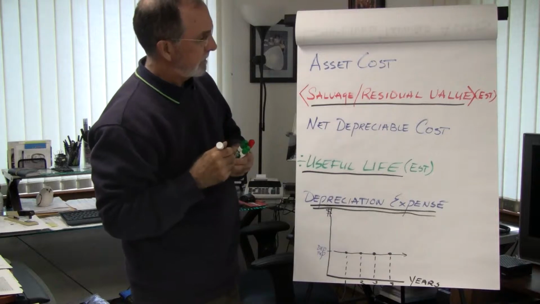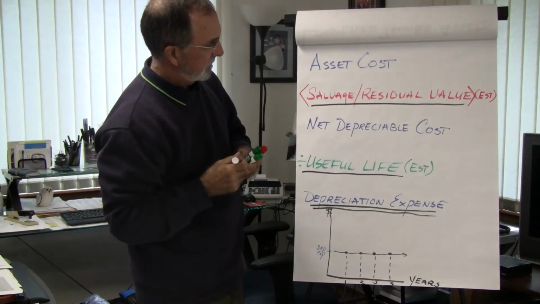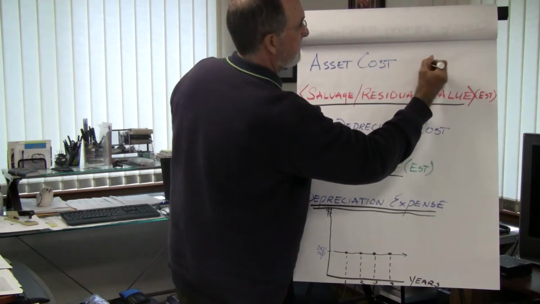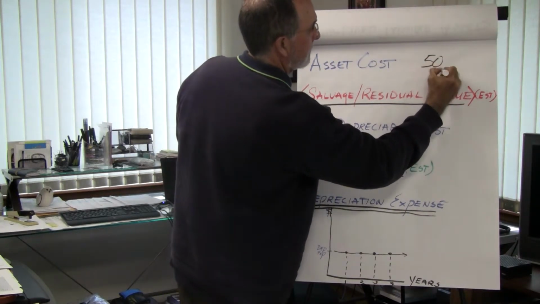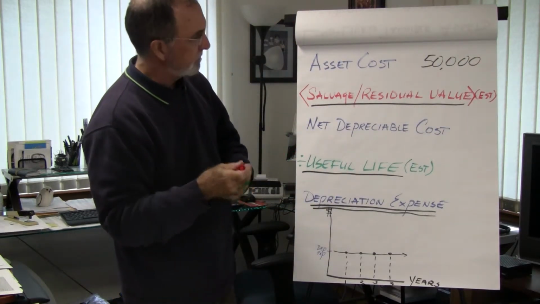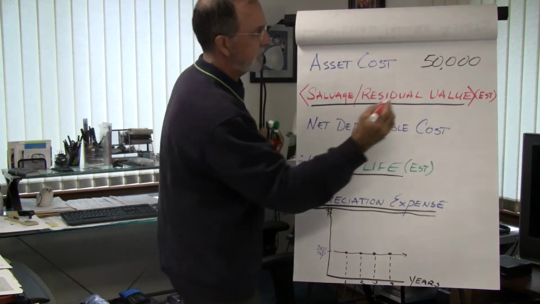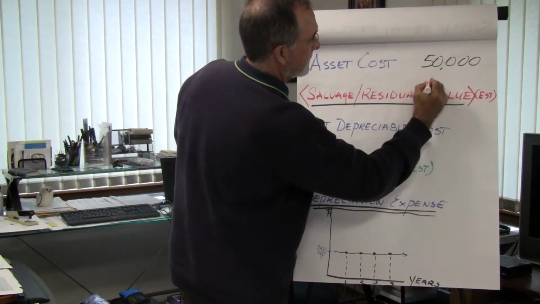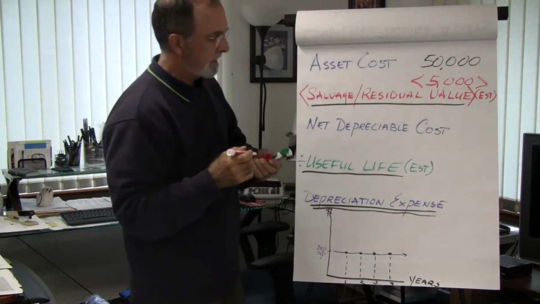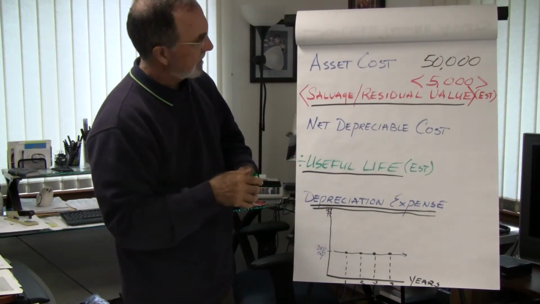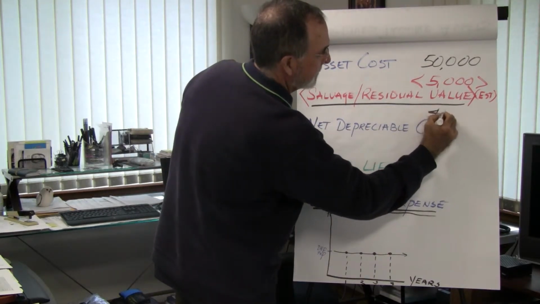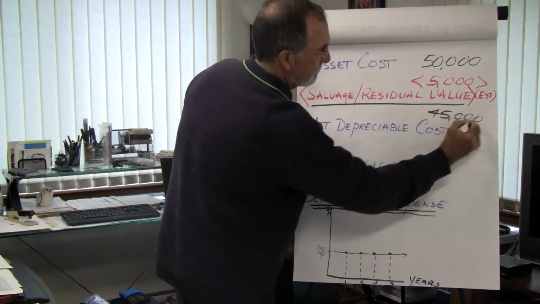And so, just to put some numbers to this example, let's say we have a $50,000 asset, and let's say our residual value is $5,000. So we would subtract the 5 from the 50, and that would give us net depreciable cost of $45,000.